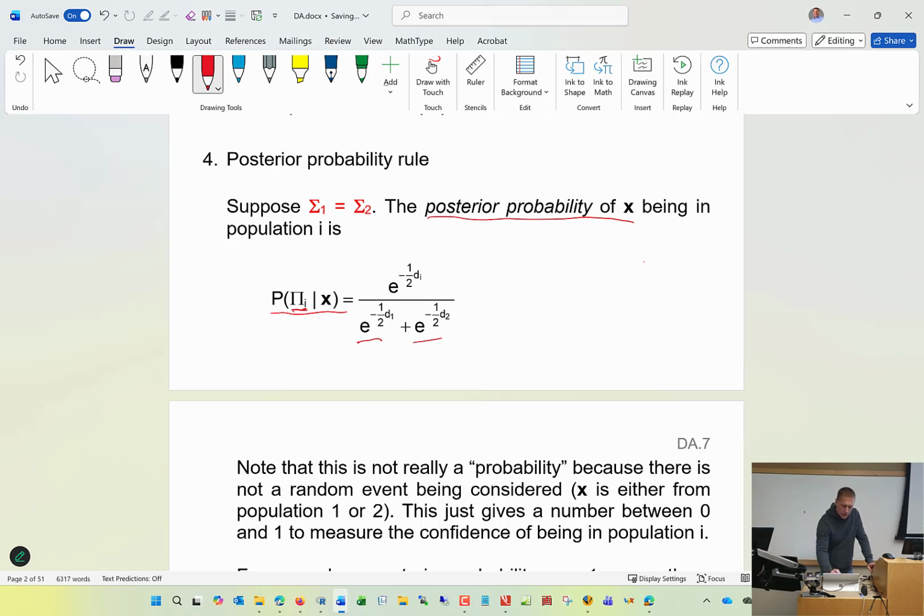And notice how the numerator has to be always less than the denominator, right? With the exponential function, can you get any negative values? Nope. So I'm always going to have a positive value here where the numerator is less than the denominator. So what's the numerical range of this quantity? Between 0 and 1, just like a probability. Okay?